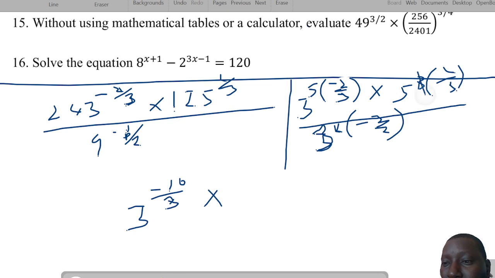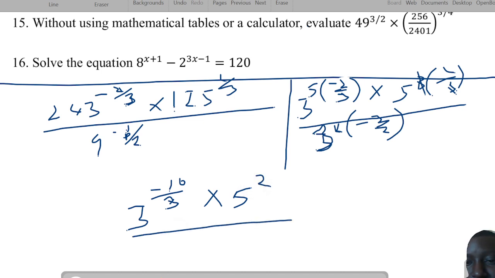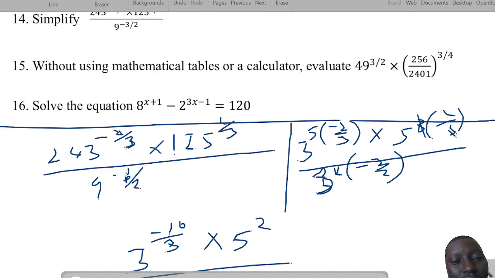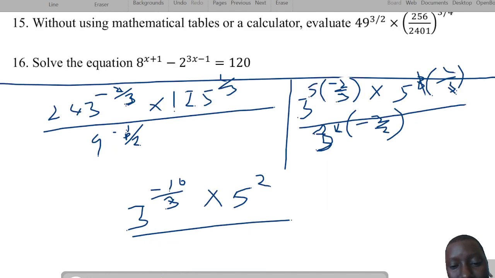So this and this will cancel, so you are going to have 5 to the power of 2. Then we divide by the numerator, our numerator was 9 power negative 3 all over 2. So these 2 and these 2 will cancel, and we remain with 3 power negative 2.